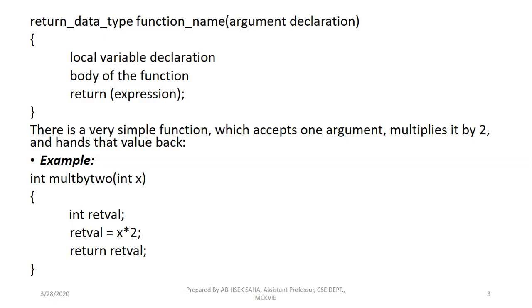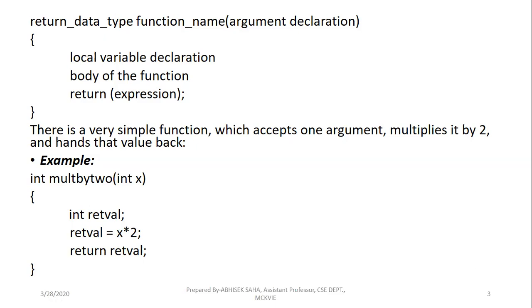John cannot work on his own. John must be called by some person, X, Y, Z, whoever the person is. When he completes his task, he must return. He returns a value to the caller. But returning a value to the caller is not mandatory for all the cases.